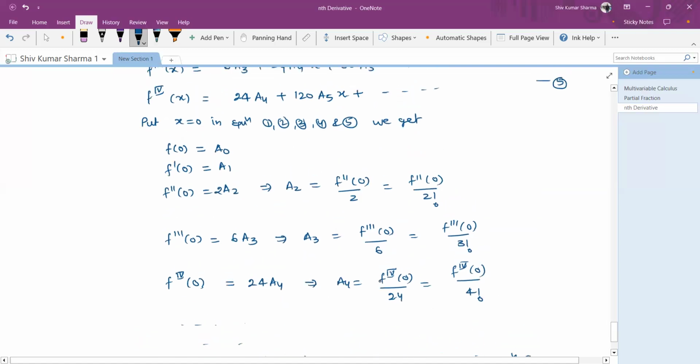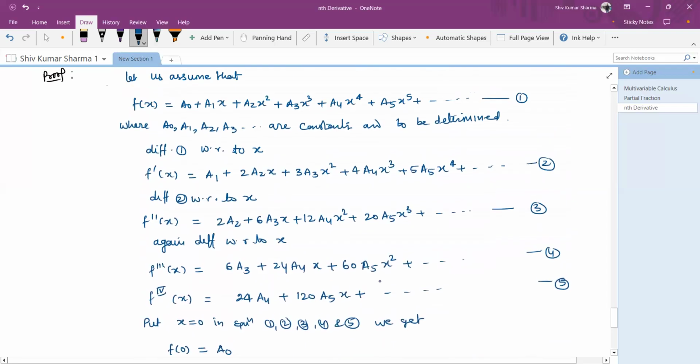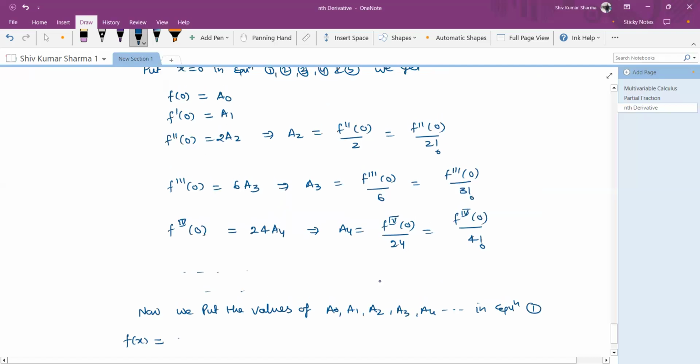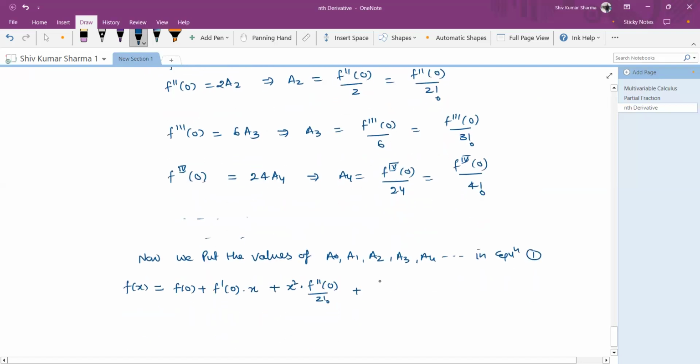When we put the values of the constants in equation number 1, we see that f(x) is equal to a0, where the value of a0 is f(0), plus a1x, where the value of a1 is f'(0), so f'(0) into x, plus a2 x square, where the value of a2 is f''(0) upon factorial 2, plus a3 x cube, where the value of a3 is f'''(0) upon factorial 3, plus a4 x raised to the power 4, so x to the 4 into the fourth derivative at 0 upon factorial 4, plus and so on.